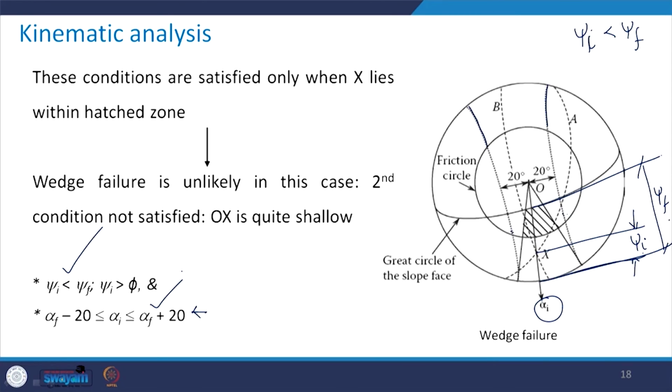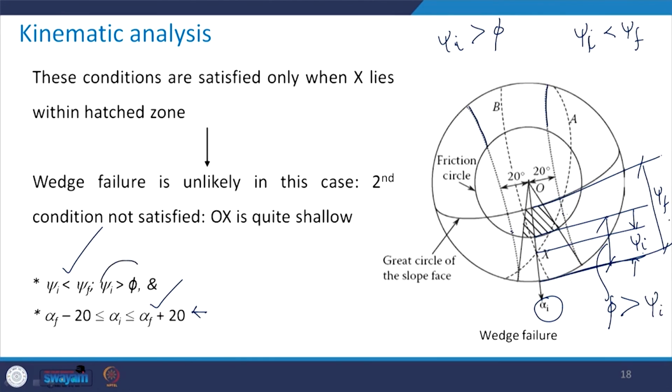Come to the second condition. Psi i must be greater than phi. Now what is happening in this case? You take a look. What is phi here? You see any radial direction? This is psi i, and this total is your phi. In this case, this phi is more than psi i.